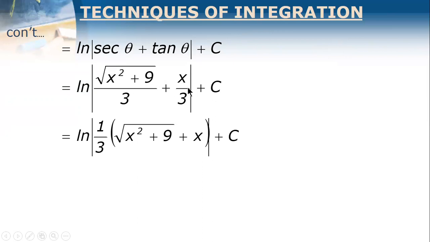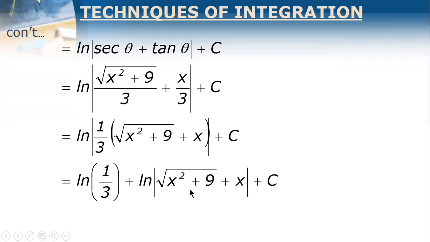These two terms can be combined. The numerators can be combined, and the denominator, we can extract it. And from here, we can apply the law of logarithms that when you have ln of xy, you can separate x and y. Ln of xy is just equal to ln of x plus ln of y. So for the first term, we can break this one into two terms: ln of 1/3 plus ln of this. It's a product, 1/3 being our x and this one being our y.